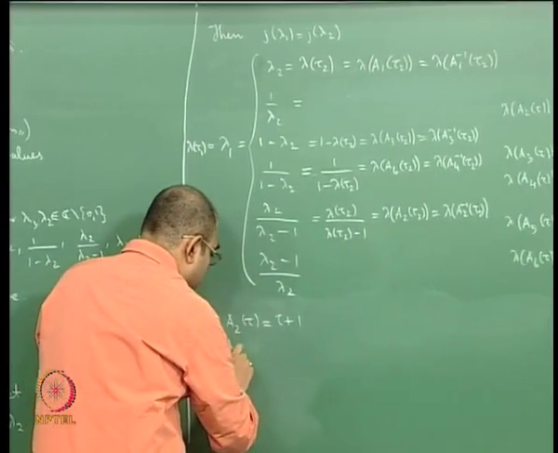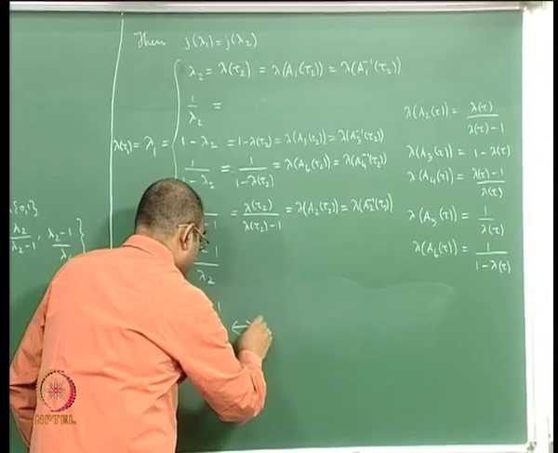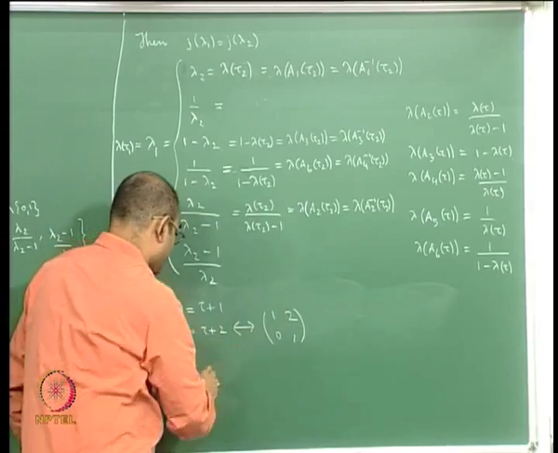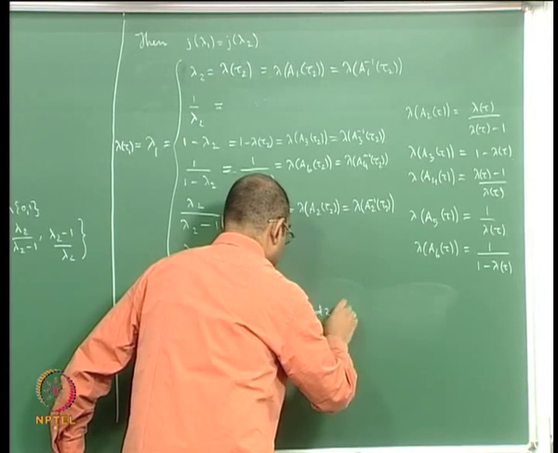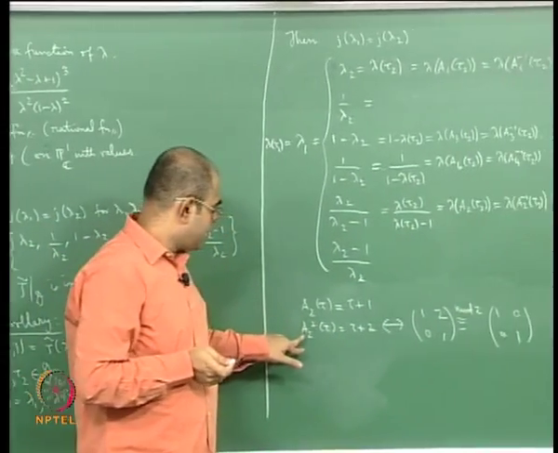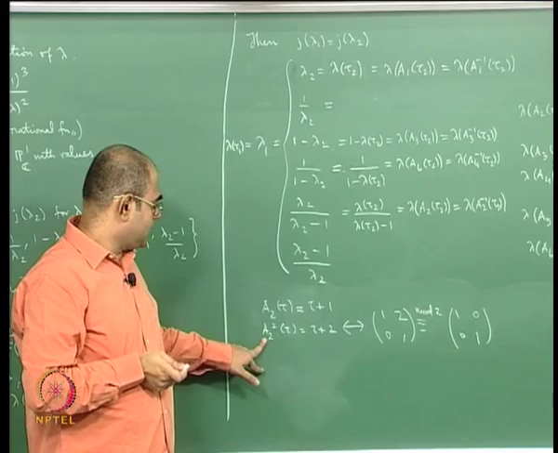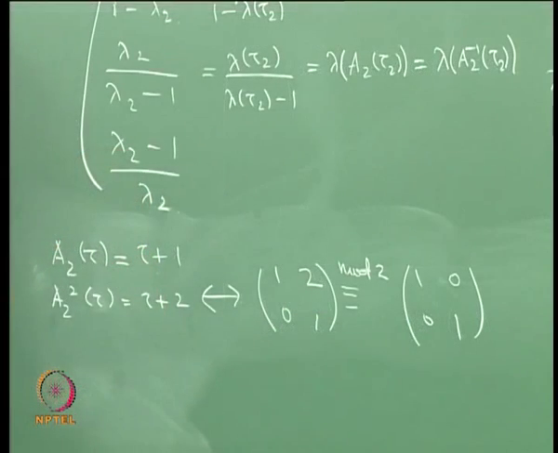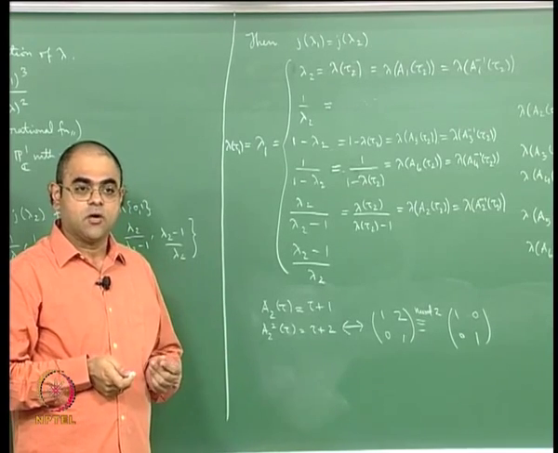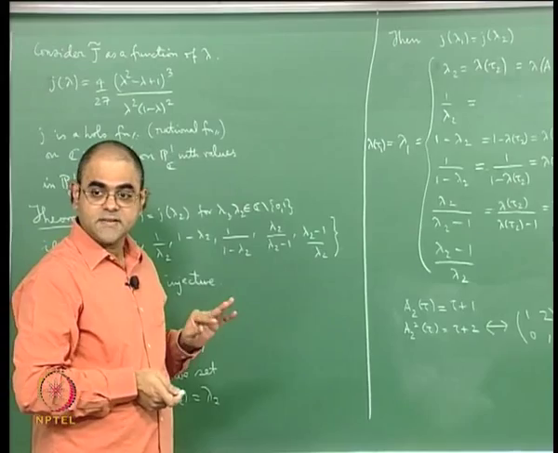If you calculate a2 squared of tau you will get tau plus 2, and this corresponds to the matrix 1 2 0 1, which is congruent mod 2 to the identity matrix, because the entry 2 is 0 mod 2. So a2 and a2 inverse are the same mod 2, and lambda is invariant under elements congruent to the identity mod 2, therefore lambda of a2 is equal to lambda of a2 inverse. That is the reason.